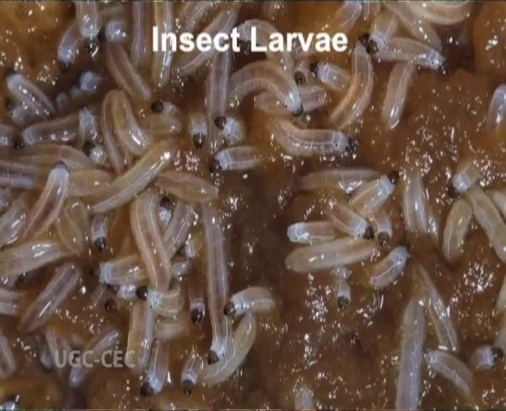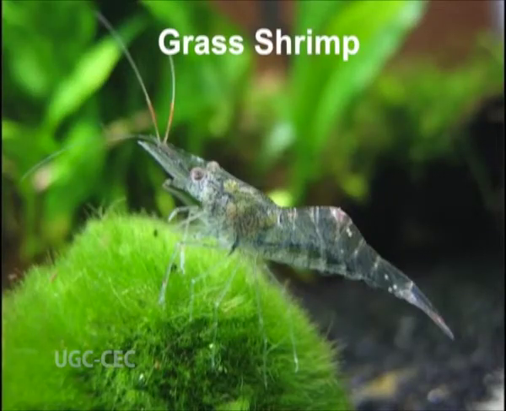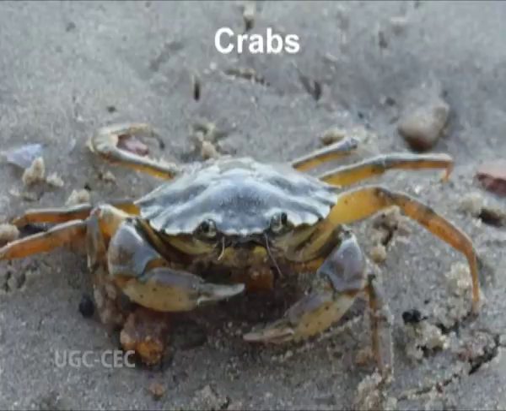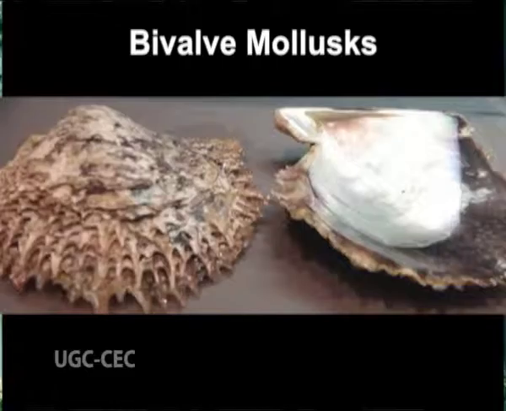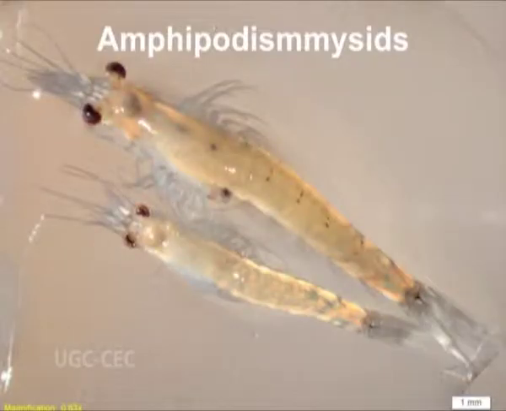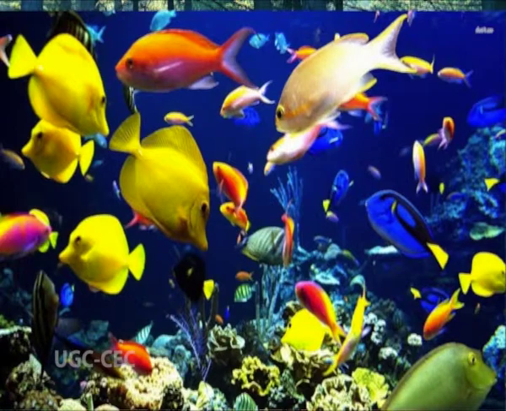These detritivores are subsequently eaten by consumers such as insect larvae, grass shrimp, copepods, crabs, nematodes, bivalve mollusks, amphipods, mysids, etc. The last step in the detritus food chain is that detritus consumers are finally eaten up by fishes. A food chain having consumers in it is called a predator food chain.